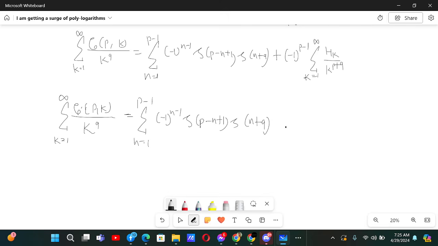And from the classical Euler formula we have this thing as, okay, so firstly we have 1 plus p plus q by 2, and then after that we will have the Riemann zeta function. So let me take the classical formula.